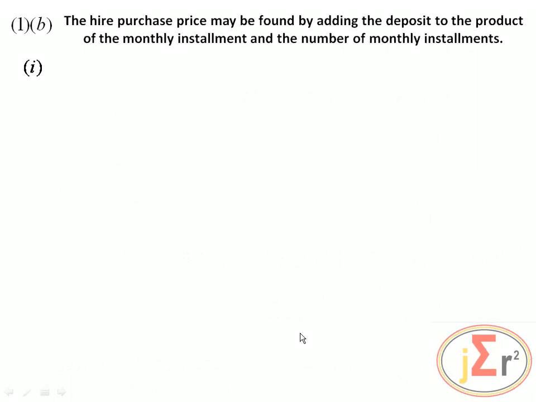The higher purchase price may be found by adding the deposit to the product of the monthly installment and the number of those monthly installments. So we have 12 monthly installments, each of $34.50, and we have a deposit of $90.